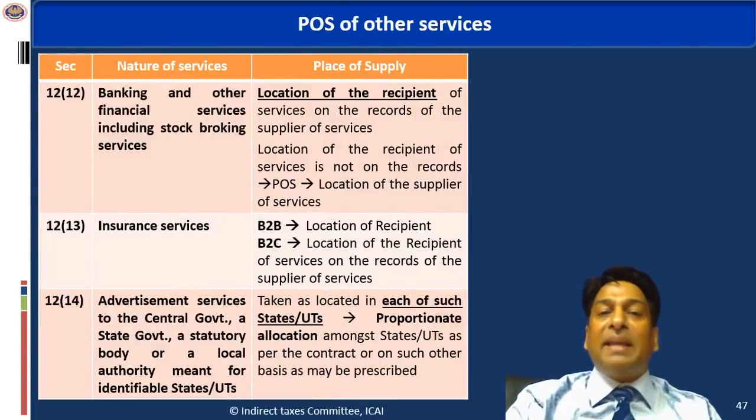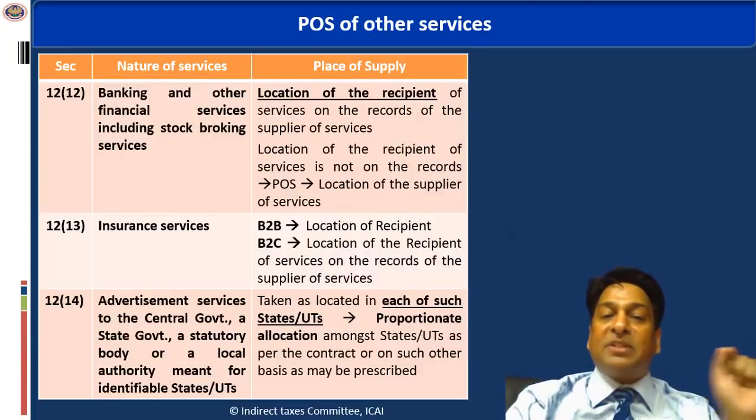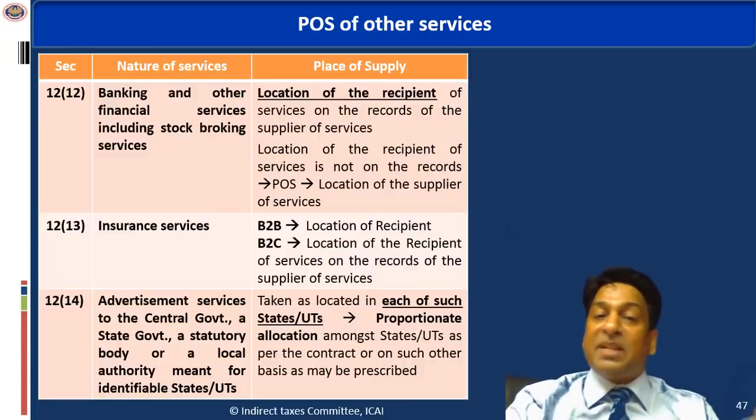Now we are determining place of supply for other specific services like banking and other financial services, including stockbroking services, under Section 12 subsection 12. It says the location of the recipient is the place of supply, and where the location of the recipient is not available, then the location of the supplier.